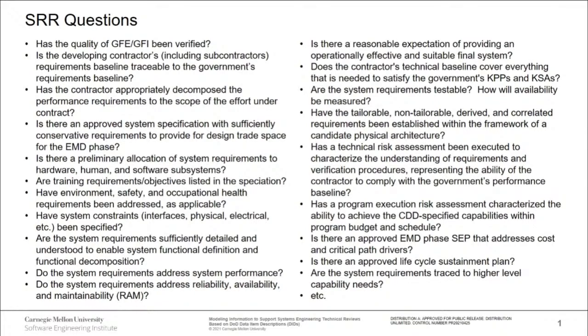So we asked ourselves, to use models to determine whether or not the contractor's requirements baseline is traceable back to the government's requirements baseline, what kind of information do we need to answer that question? Well, we need to know what the government's baseline requirements are.